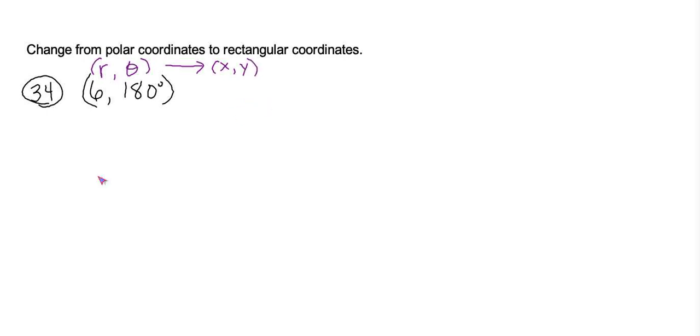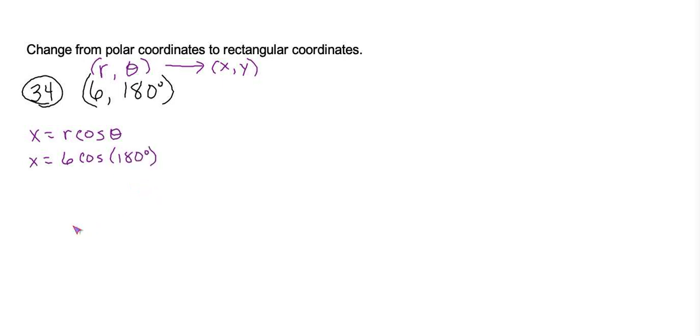So what we learned is that x is the same as r cosine theta. So in this problem, x would be equal to r is 6 and theta is 180. So cosine of 180 degrees.